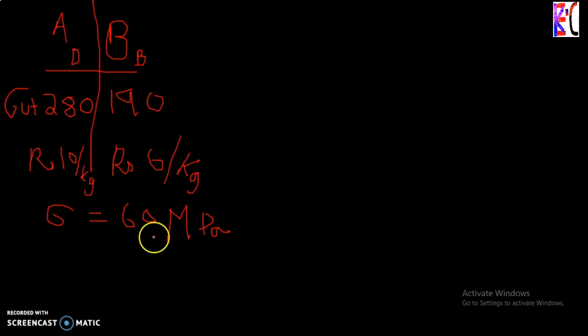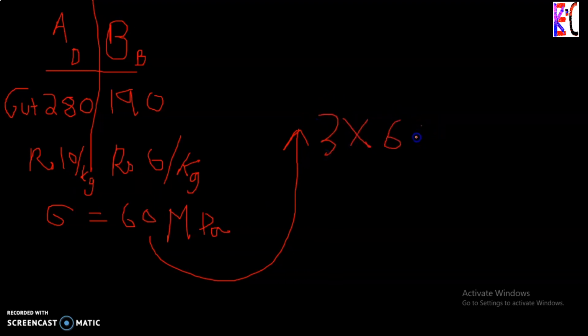That means we have to select a material which is 3 times stronger than this one, because we are maintaining the rule of third, as I have told you in class. So what would be 3 times? 3 into 60.